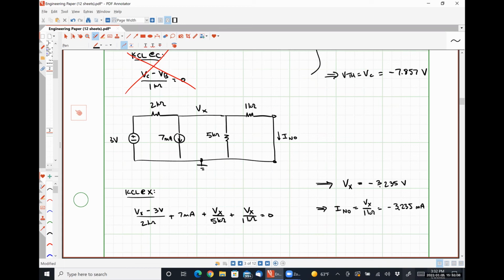I can divide by 1,000 all day. So we figured out what Thevenin is. We figured out what I Norton is. So I would argue that our Thevenin equivalent resistance will be nothing more than Thevenin divided by I Norton.